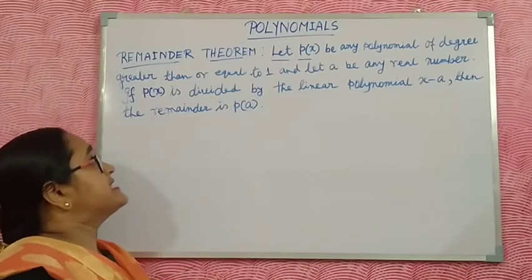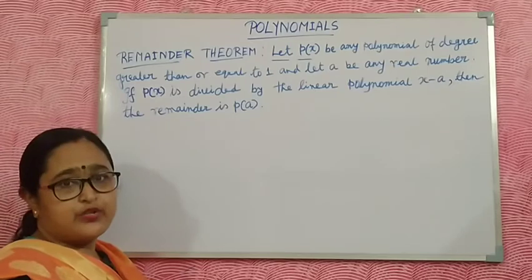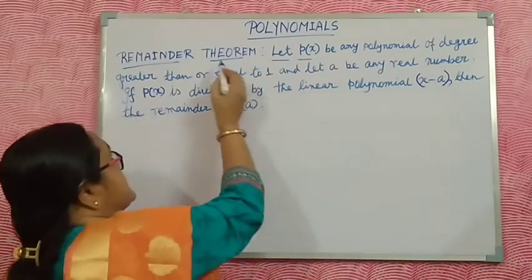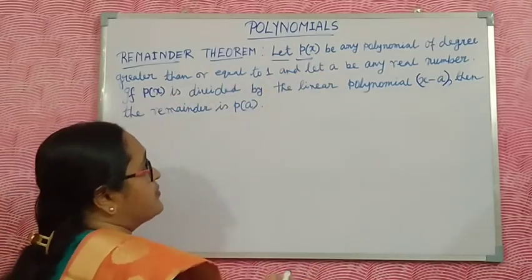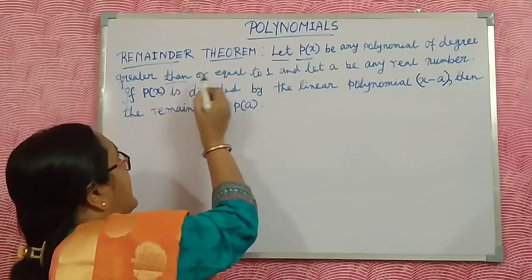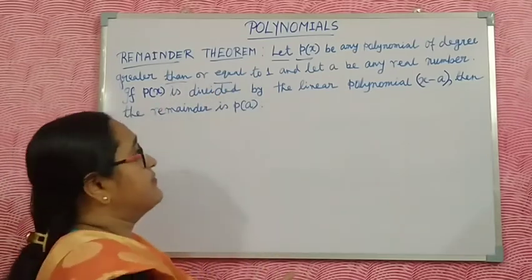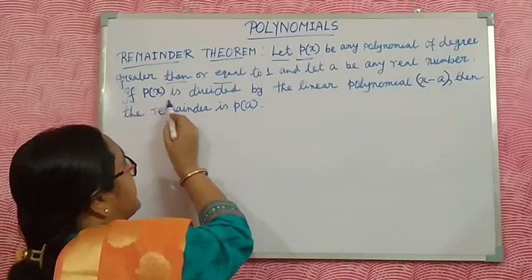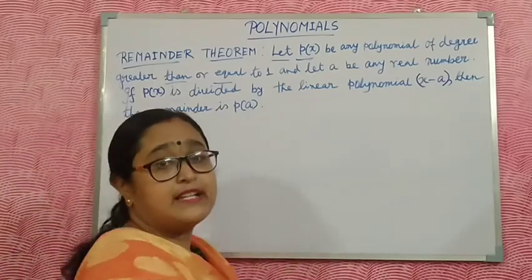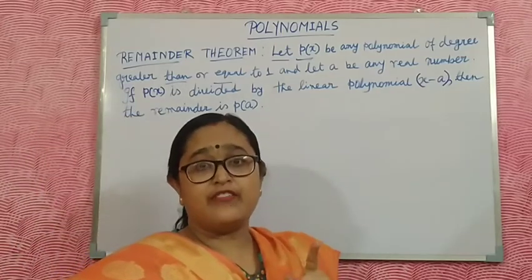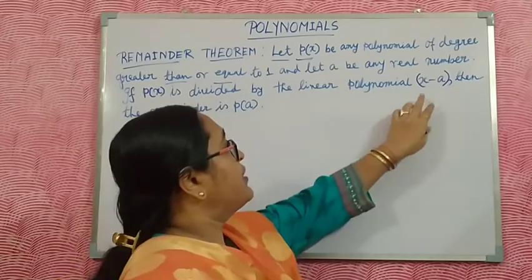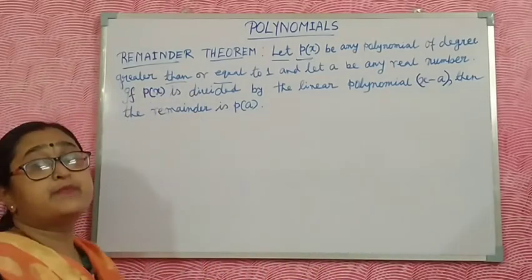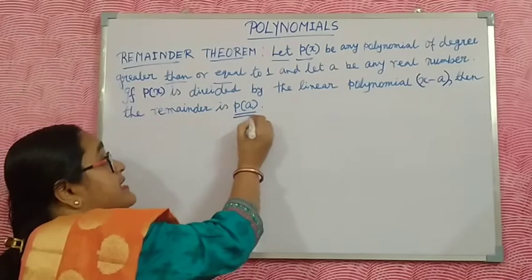If P(x) is divided by the linear polynomial x minus a, meaning a polynomial having power 1, then the remainder is P(a). This is the remainder theorem.